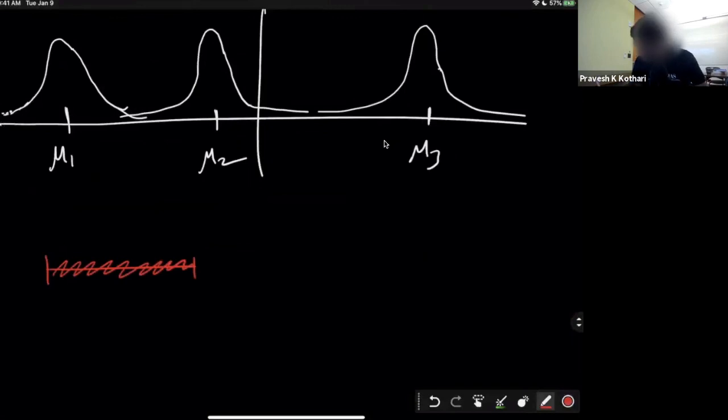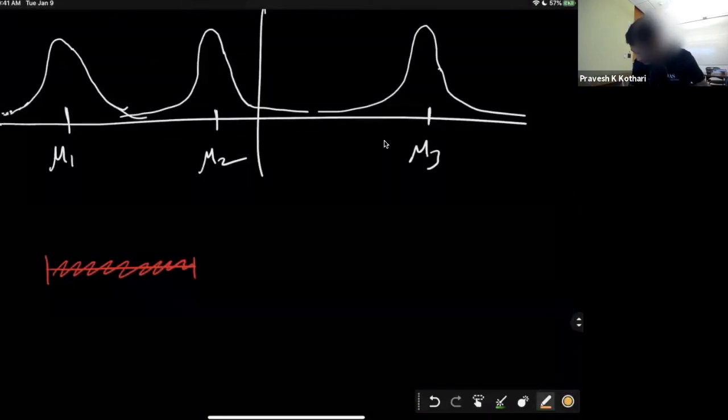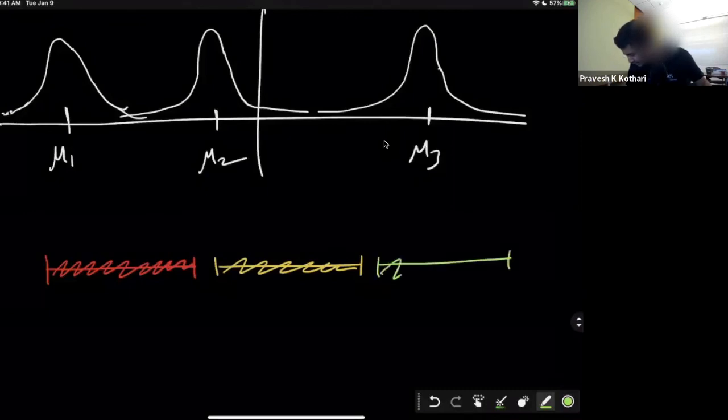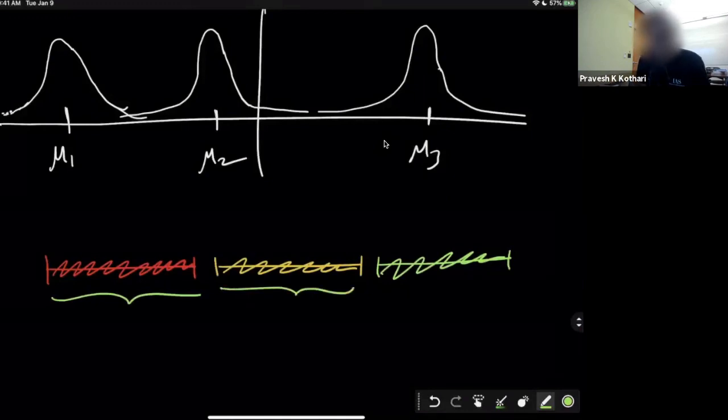So it would look like this interval, and then there would be some other interval for the second cluster, and maybe an interval for the third cluster. The point is that these intervals are basically completely disjoint. It doesn't mean that there are no points outside these intervals, but it means that 99% of the points from the first cluster appear in this interval, 99% of the points from the second cluster appear in a completely disjoint interval, and so on, right?